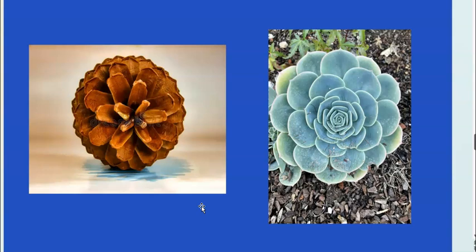So be on the lookout the next time you take a hike, or you're just out wandering around, maybe in a park or in your yard. Take a look at a pine cone if you can find one, or a succulent maybe that is in your yard, or any kind of flower, and see if you can see a Fibonacci sequence number in that pattern.